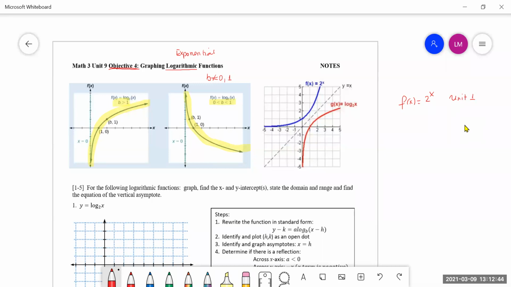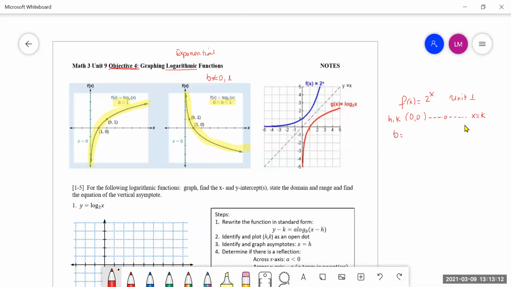But with an exponential function, we found the starting point, let's call it h, k. Since there is no shift left and right on the x, and there is no up and down shift, our starting point is 0, 0. This would mark our asymptote. It was a horizontal asymptote, a y equals k value.